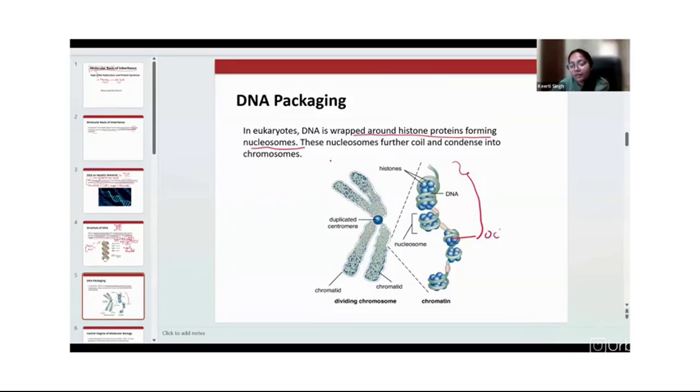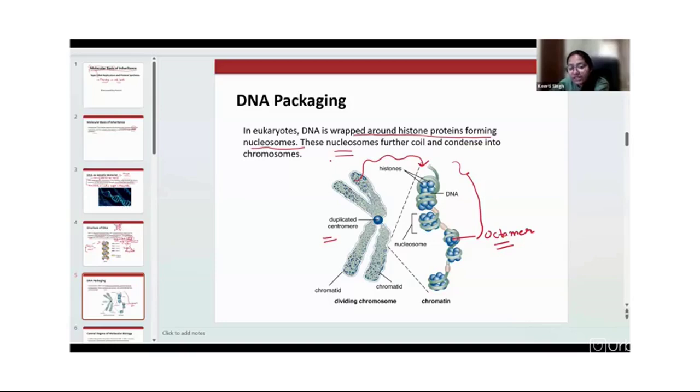Histones are octamer in nature, and the DNA will be coiled around that histone protein. Okay, one such structure is known as a nucleosome. This nucleosome, n number of times, will coil and form a very condensed structure that is known as chromosome.